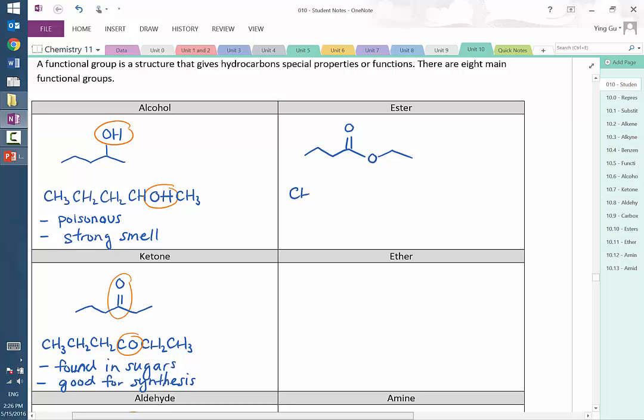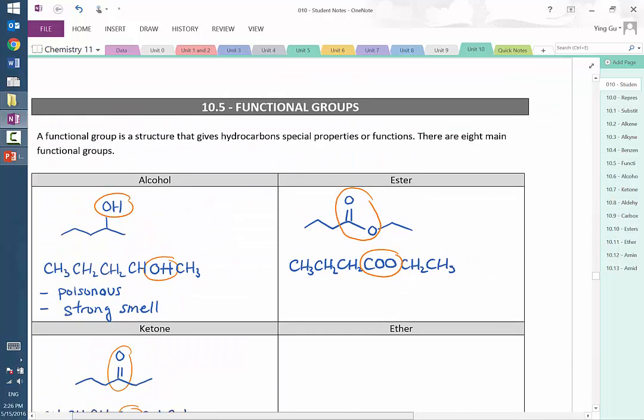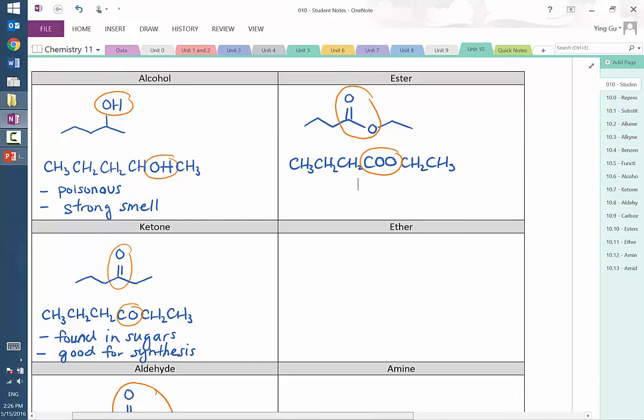In a condensed structure, it will look like this: CH3, CH2, CH2, then we have a COO motif in the middle, followed by another chain. So this is the feature that makes the molecule an ester, a COO in the middle of the chain. In carboxylic acids, the COOH is at the very, very end, and in esters, the COO is in the middle.